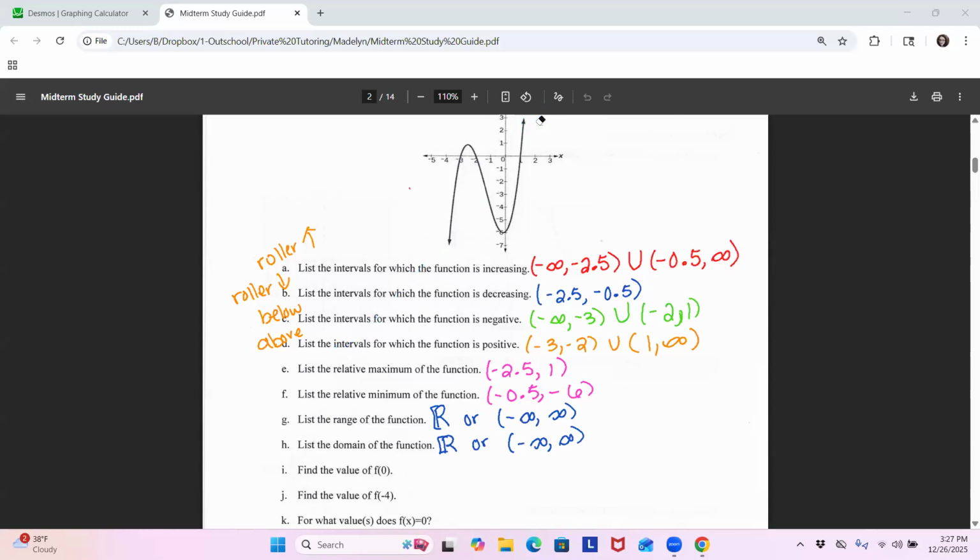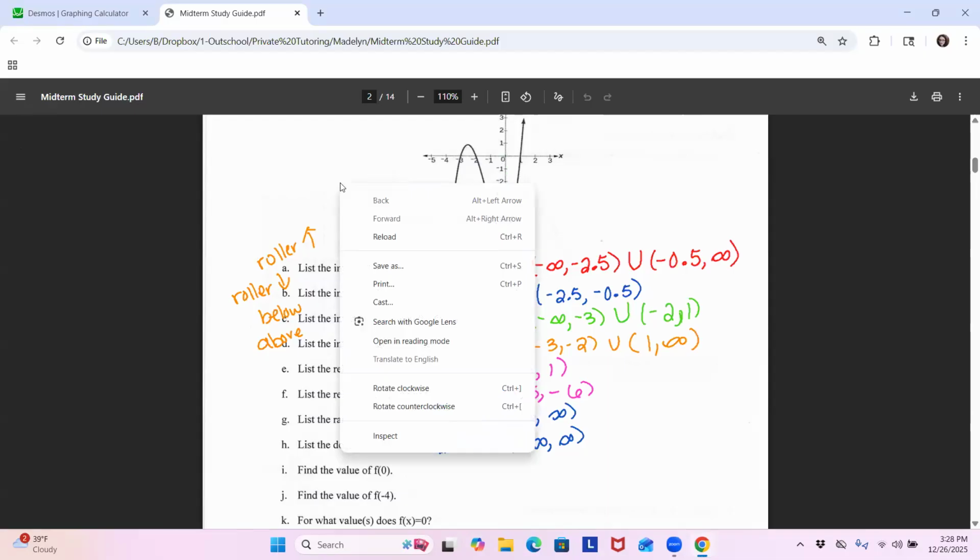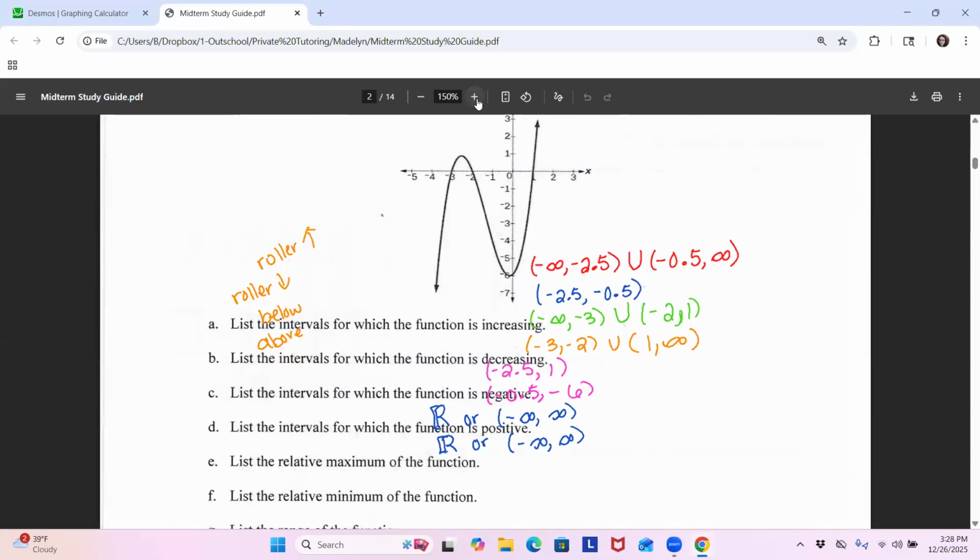Find the value of f of 0. So when x is 0, what is y? So here, I mean, it's close to -6. I wouldn't say it's spot on. Let's zoom in a little bit. It's almost -6.